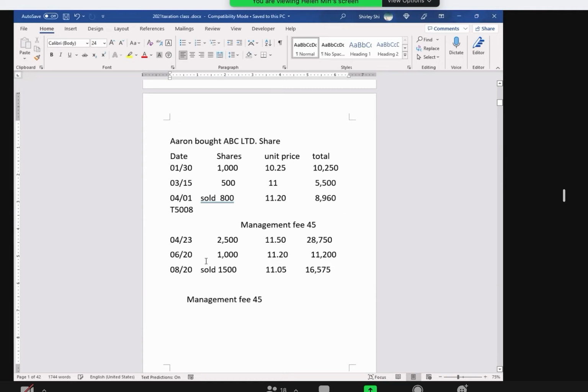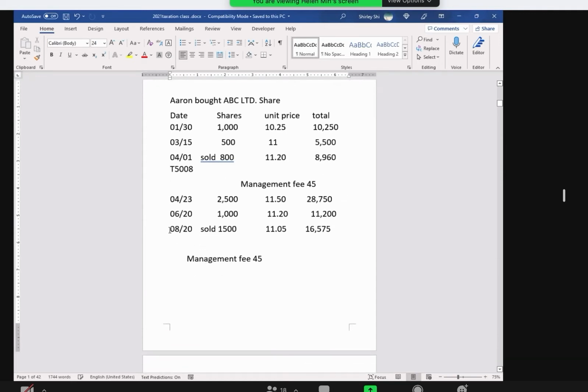Okay, on here when you sell is August 20, then your sell price is 11.05 cents. So the sale price is 11.05 cents, but your purchase cost is higher than your sale price.